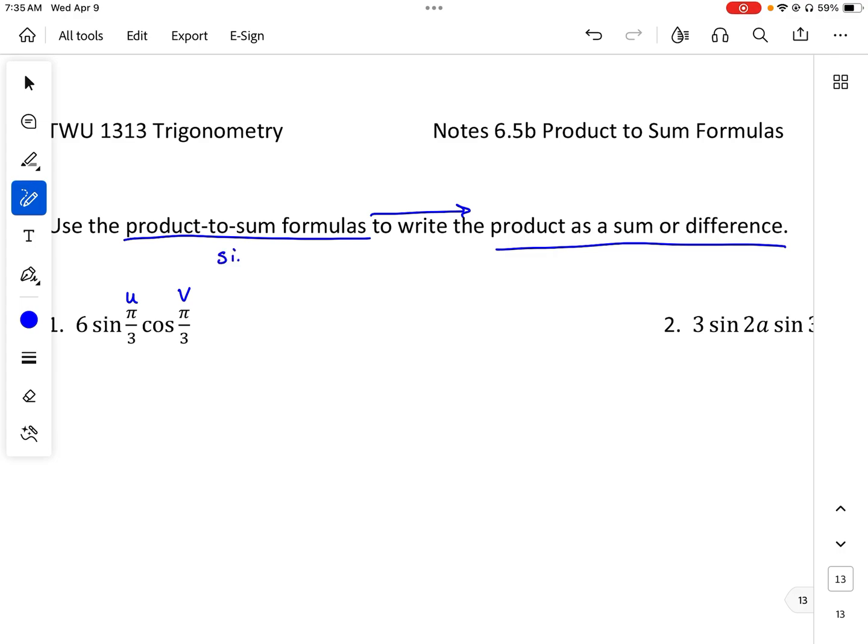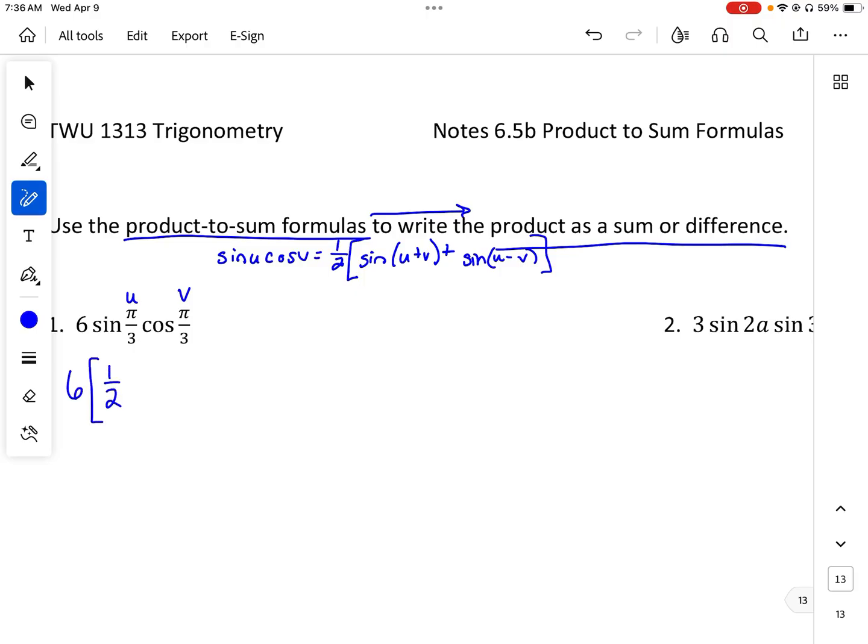Our formula says if it is sine u cosine v, that equals half sine u plus v plus sine u minus v, like that. So we are going to just factor out the 6.